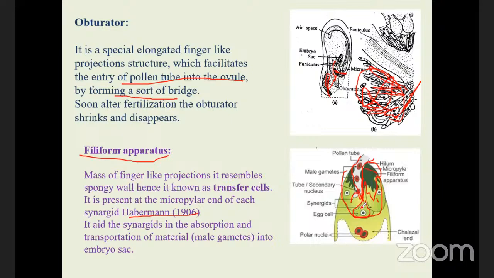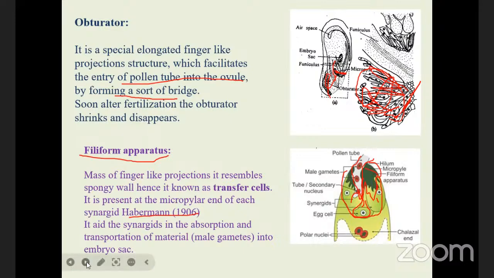Here it is helping the male gamete reach the egg cell. These are also supporting tissues. These are the transportation material to transport the male gamete toward the egg cell.